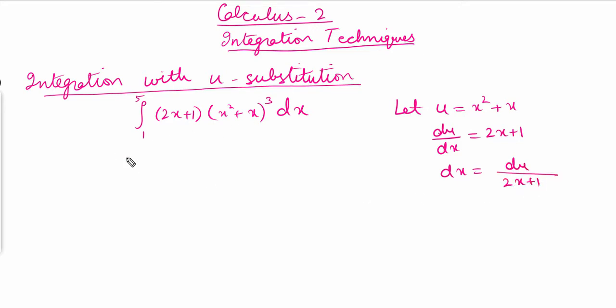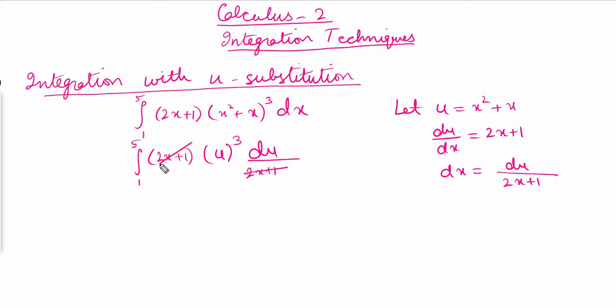Now I'll just do the simple substitution. I'm not touching these limits; I'll do them at the end of the question. So it's from 1 to 5, 2x plus 1 times x square plus x. In place of x square plus x I will insert u, so it's u cube. Now in place of dx I will put du over 2x plus 1.